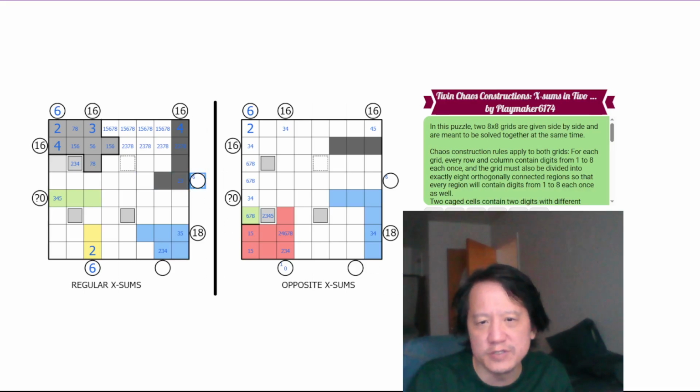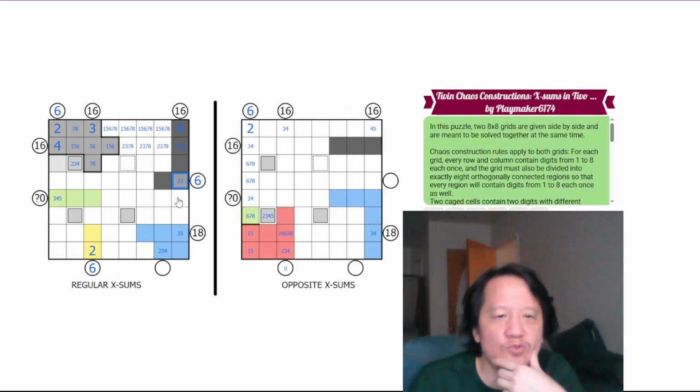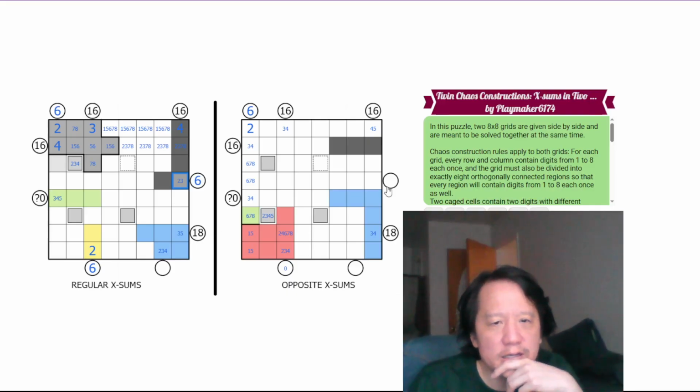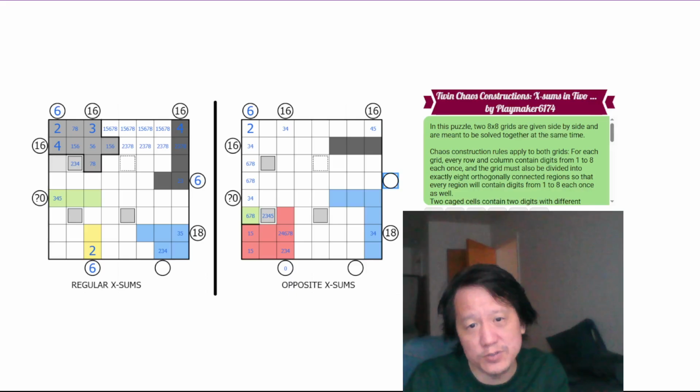So it could still be 6, I guess. So minimum here is still 6. Maximum now is at most 3 plus 7 and 8, so it's at most 18.